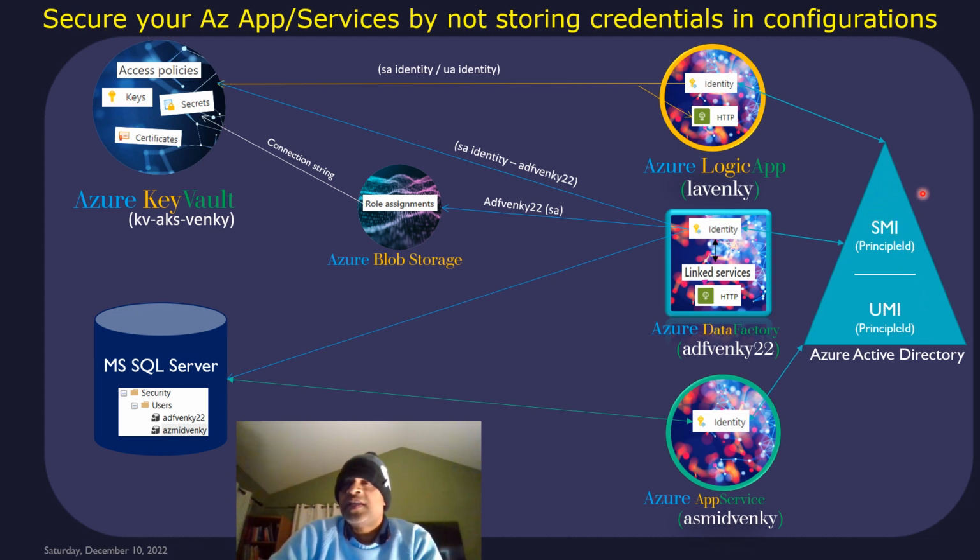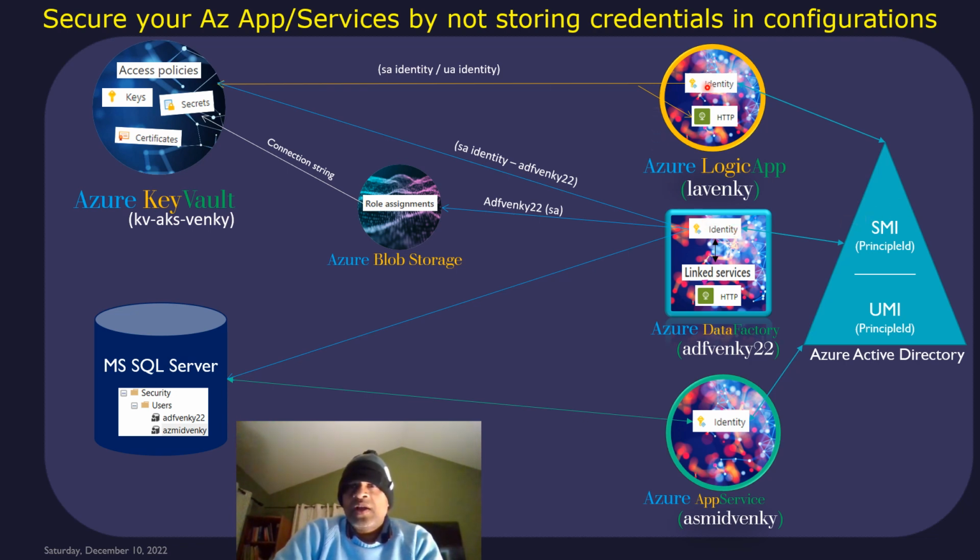With system managed identity, when you provision a service, when you request a service in Azure, whether it's Azure Data Factory, it implicitly creates a system managed identity. It's called SAMI, and it is associated with a principal ID, which is basically a GUID, which we can see in the next video.